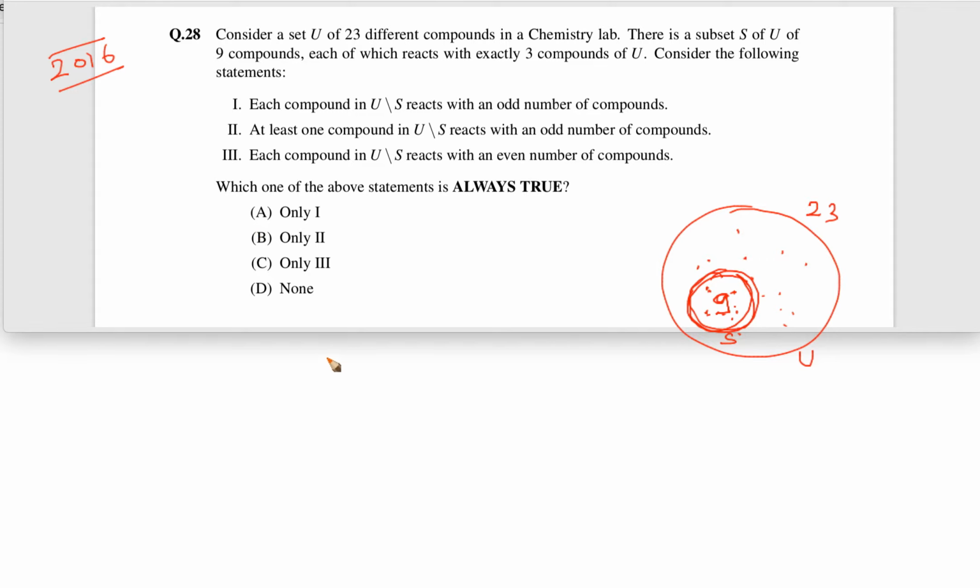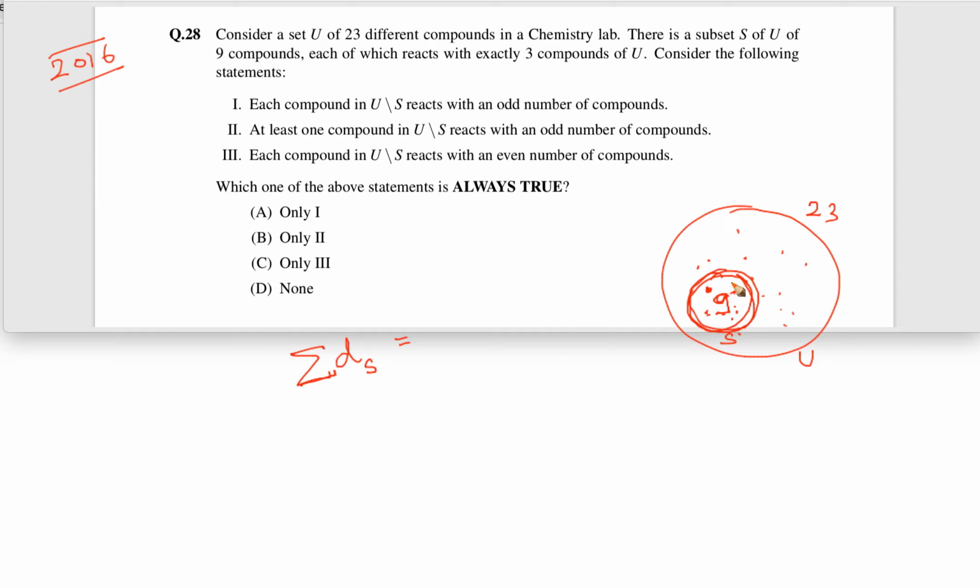So let's firstly try for S. For any element, let the number of elements it reacts to be D. So the summation of D over S: we know that every element reacts with 3 elements, and this summation gives the total degree over all 9 elements.